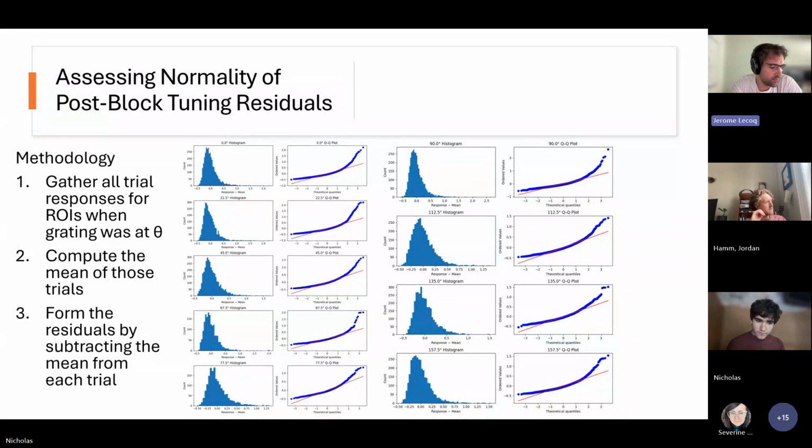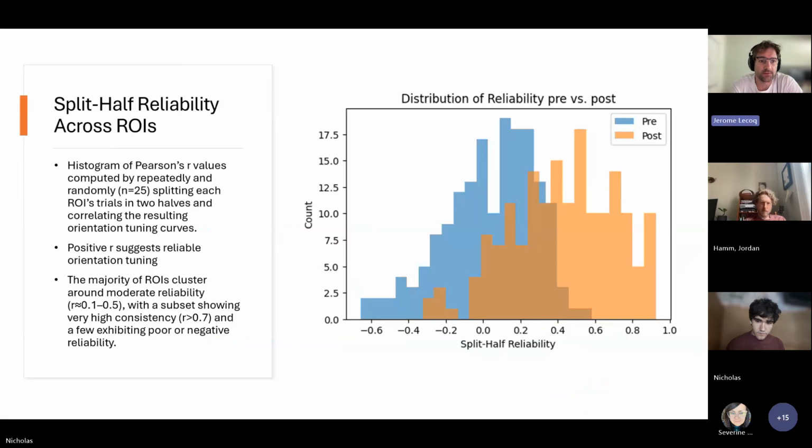And your analysis supports that the ALBA block is having an effect on the orientation tuning so far. Is that fair? I think it suggests. I think that the figures suggest that may be the case.